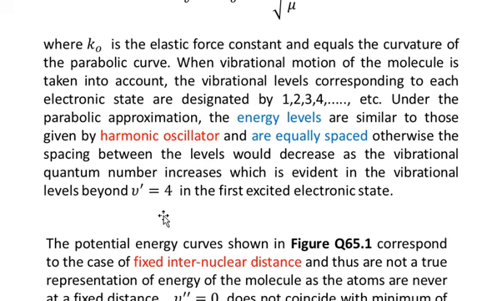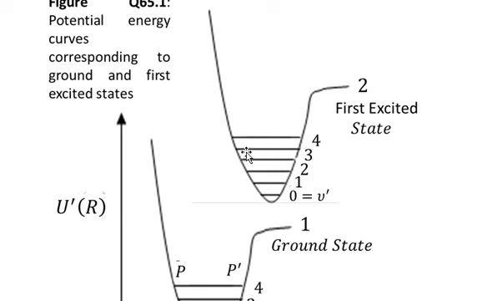But you see that we have not plotted the vibrational levels corresponding to quantum number V prime equal to 5, V prime equal to 6 and so on, because the spacing between them will decrease as you go to increased values of the vibrational quantum number V prime. But we have not shown those ones. We have only shown those levels which satisfy the parabolic conditions, in which the curve is quite symmetric about the minimum of the curve and the parabolic approximation is valid.